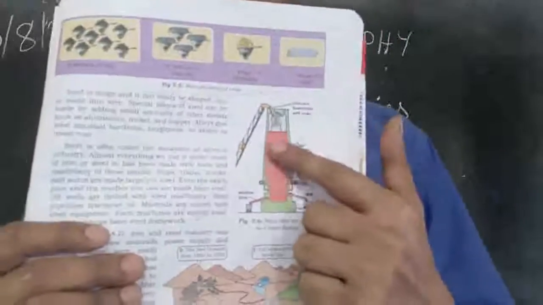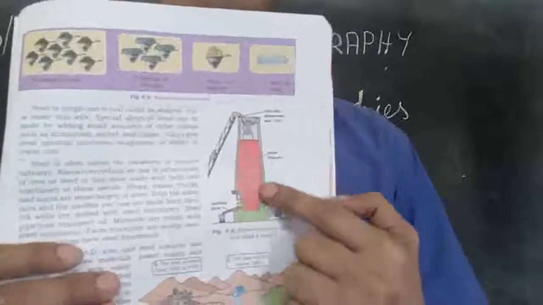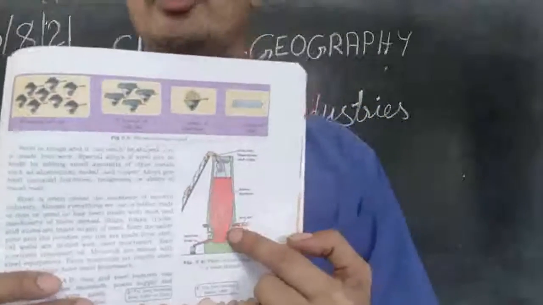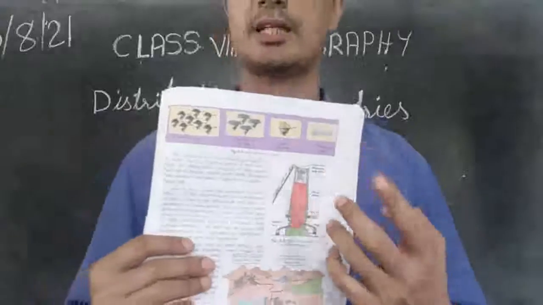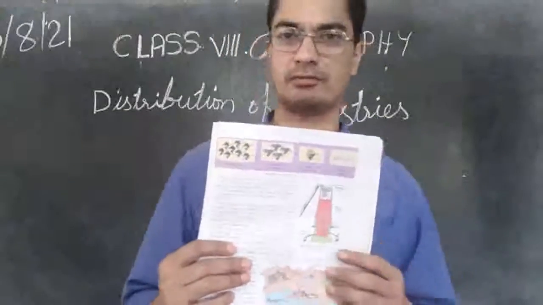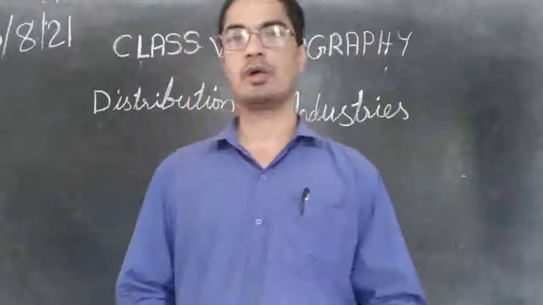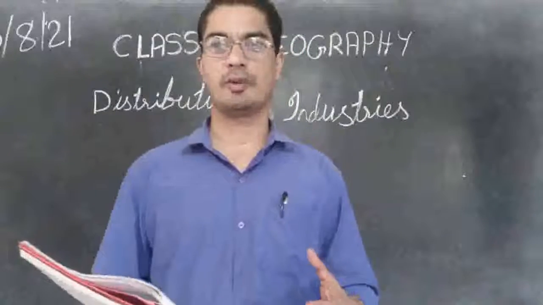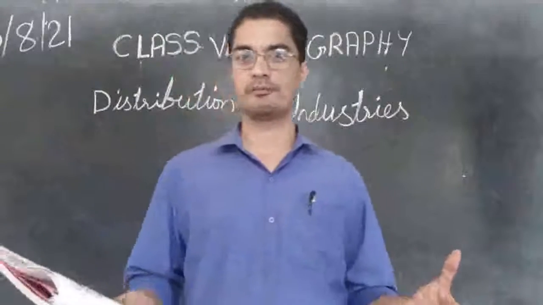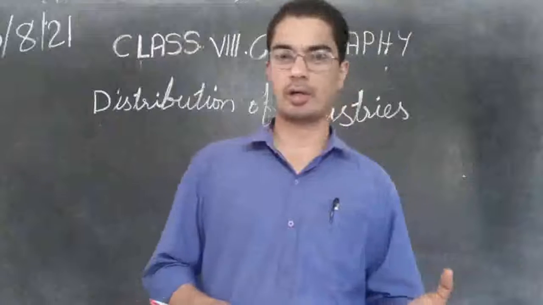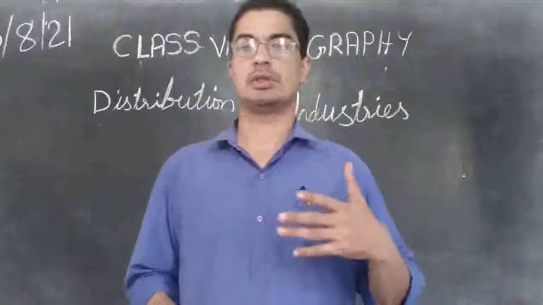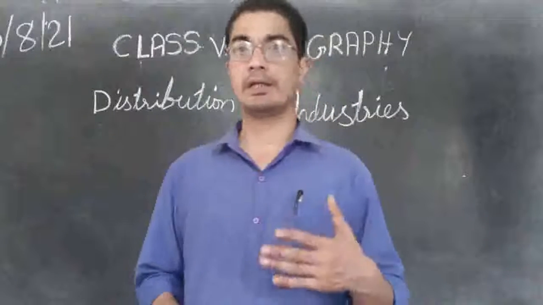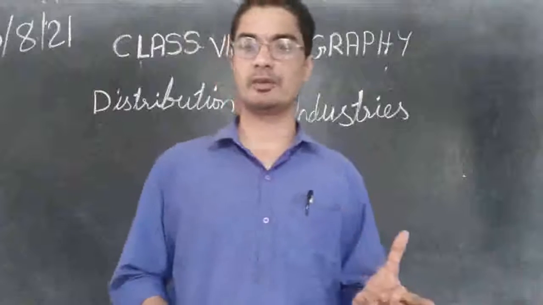So they put all the things here and they boil it nicely, and at the end it starts boiling, it becomes liquid. So water, when we boil for 100 degree, the water starts boiling, isn't it? But this iron ore, we need to heat it up to 300 degrees Celsius, then only it will boil.